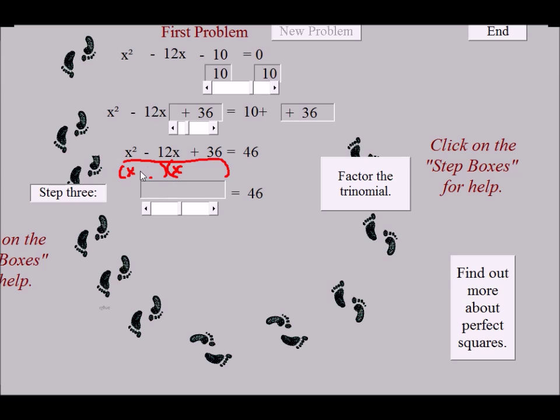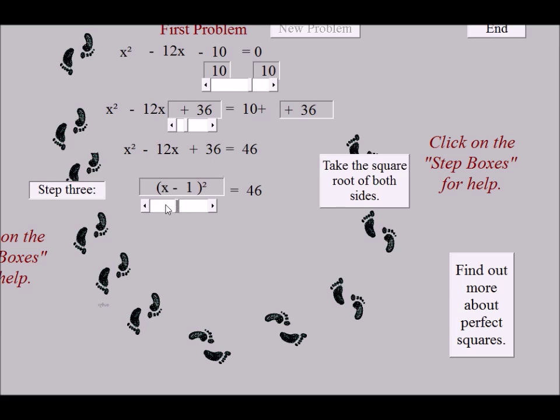So 36 is going to come from 6 and 6. This is a plus, we always add, so we look next door. Both of these have to be minus. If you double check, x squared minus 12x plus 36 factors down into x minus 6, the quantity squared.